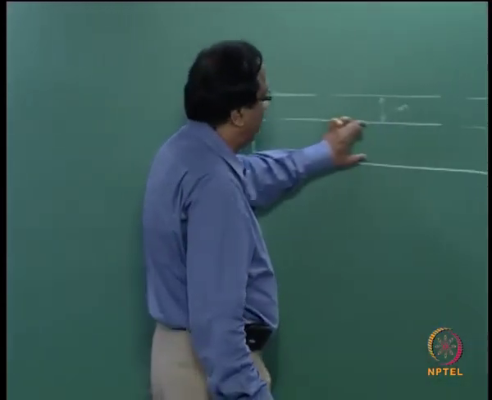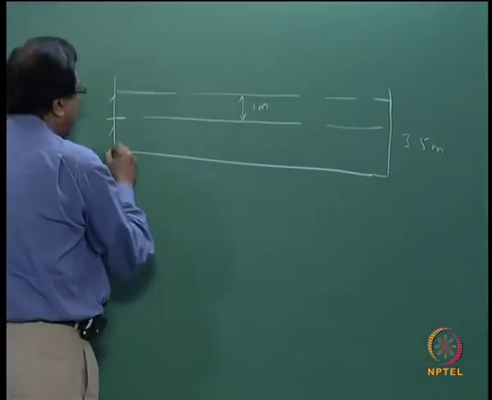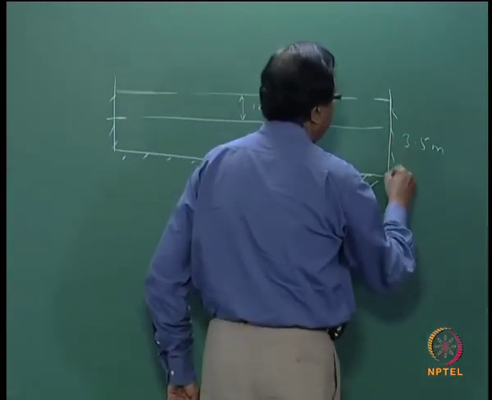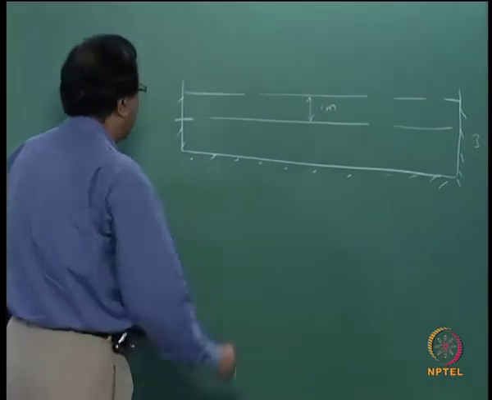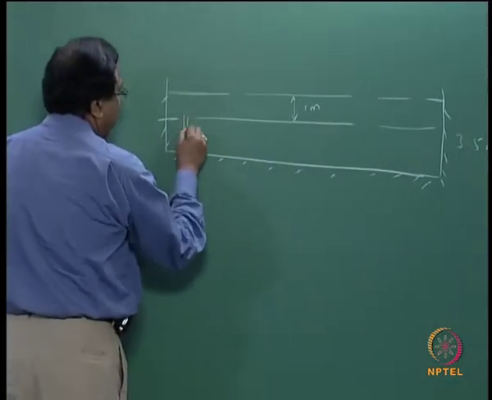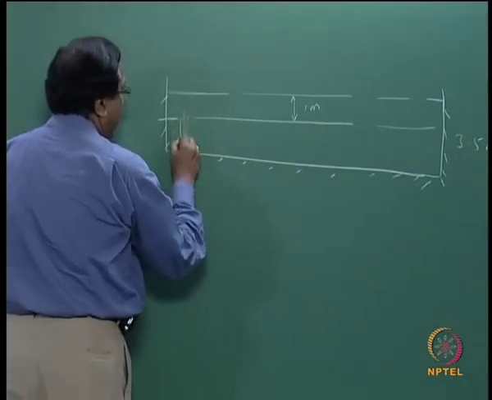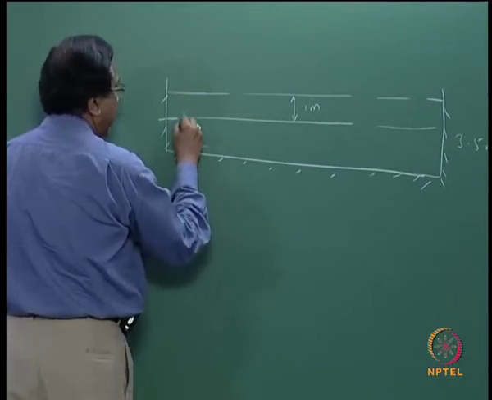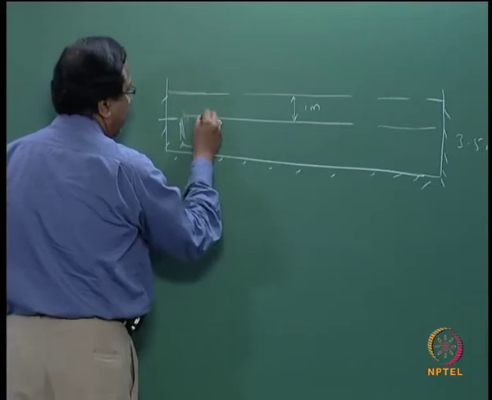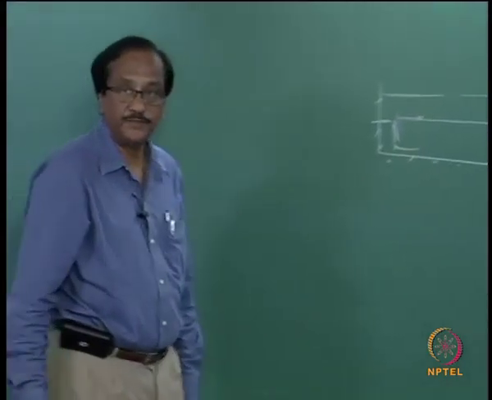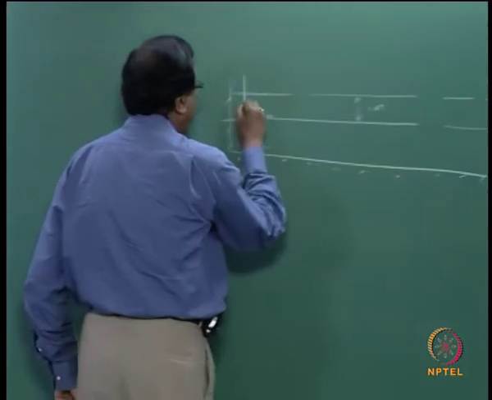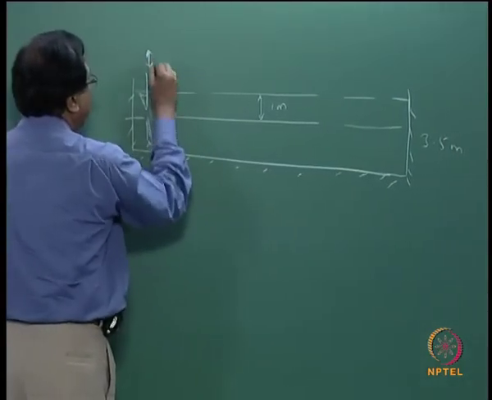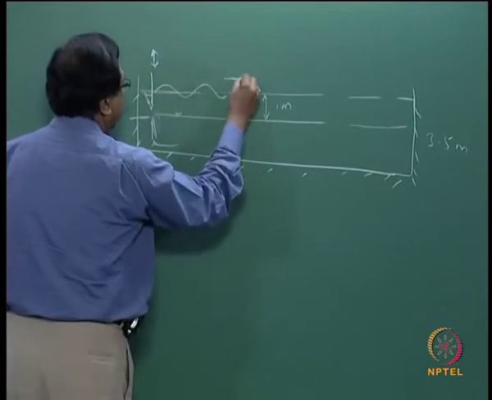So this bottom of the flume will serve as a reservoir. You have a suction pipe, the water will be sucked in with a motor and the delivery will take place here. So, the wave maker here will be moving up and down to generate the waves.